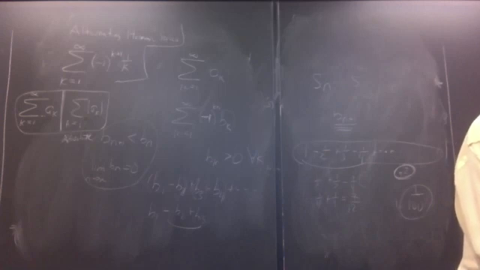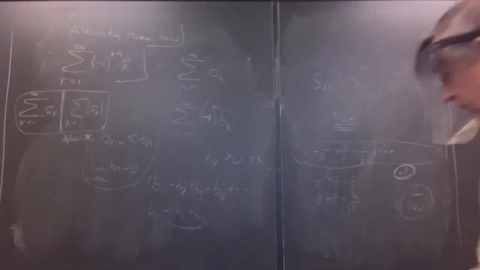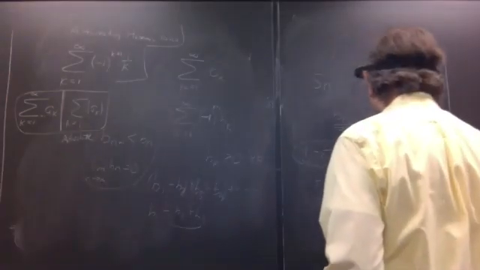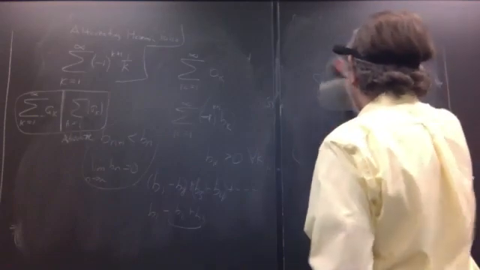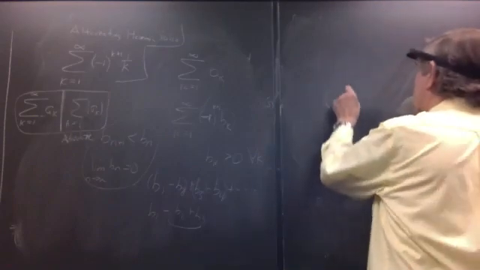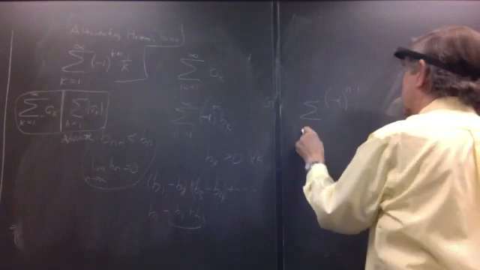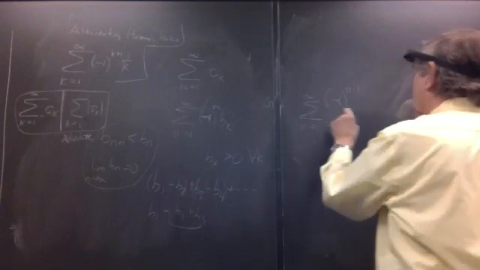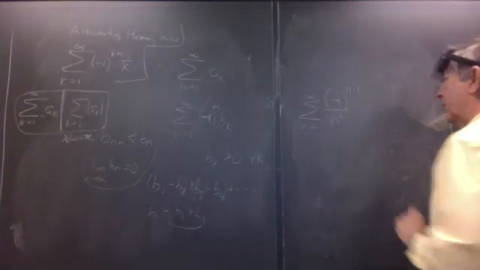Okay. So they give you the alternating harmonic series? No, they give you the alternating p-series. So let me write that down. What if I look at (-1)^(n-1) over n squared?